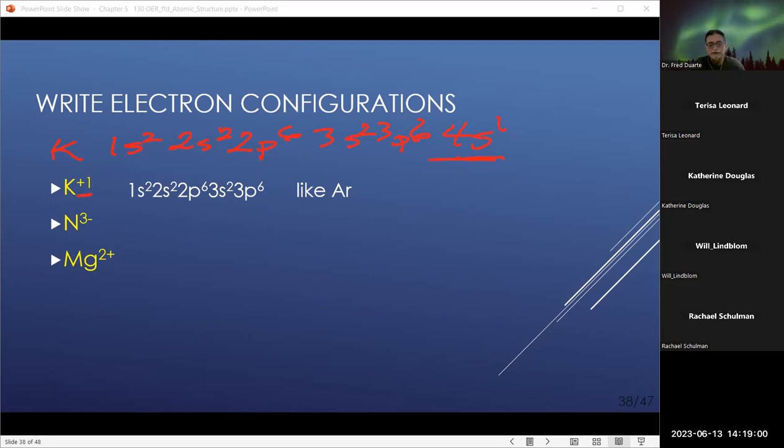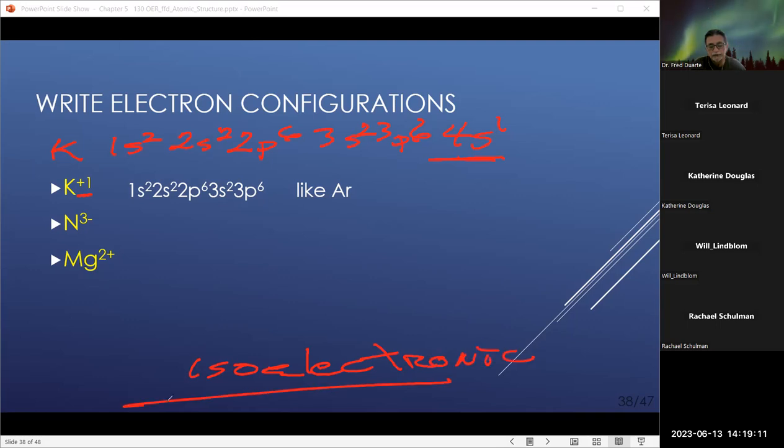And so what we say, we use the term isoelectronic, meaning they have the same number of electrons as some other element. So the potassium ion, this is the ion, is isoelectronic with the argon noble gas by losing 1 electron, okay?